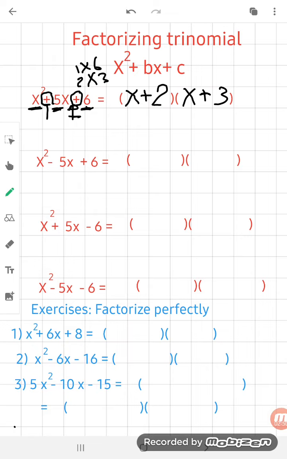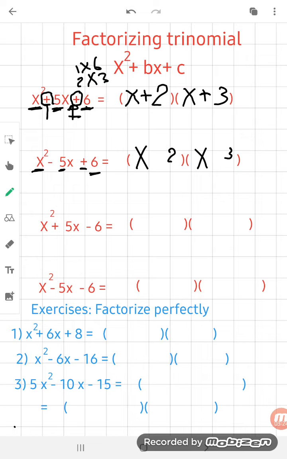Okay, let's go to the second example. X power 2 minus 5x plus 6. We factorize the first and the last terms. X power 2, x by x, and 6. Search for two numbers, their product is 6 and their sum, because the last sign is positive, is 5, so we write 2 multiply 3.